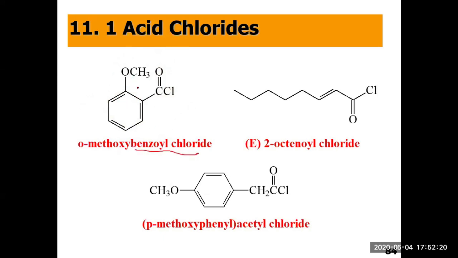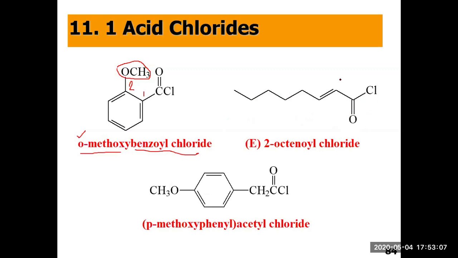Notice that at carbon 2, where this is carbon 1, we have a methoxy group, and since we have a 1,2 disubstitution of the benzene ring, we use the word ortho or the prefix o. Now, the final name for this molecule is ortho-methoxybenzoyl chloride.